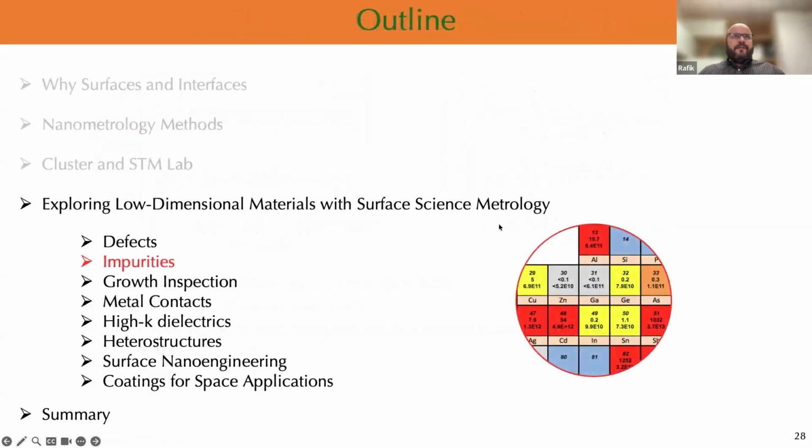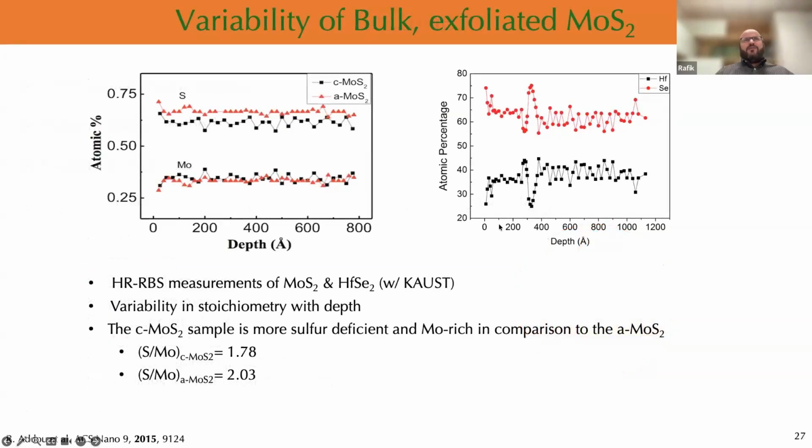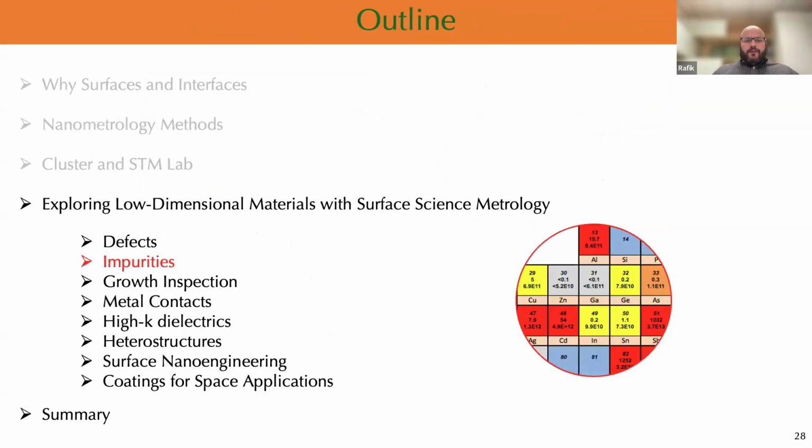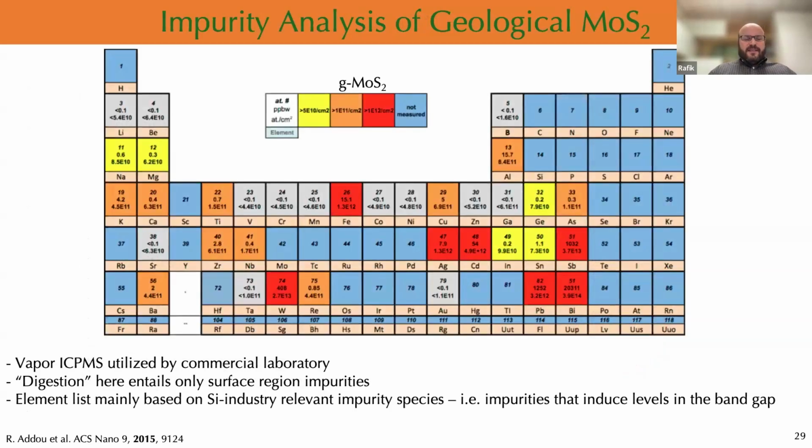So this was another technique to complement what we found from XPS, because the stoichiometry that we get from XPS is only up to 10 nanometers below the surface. If you remember, we had a lot of local variation in our STM samples.